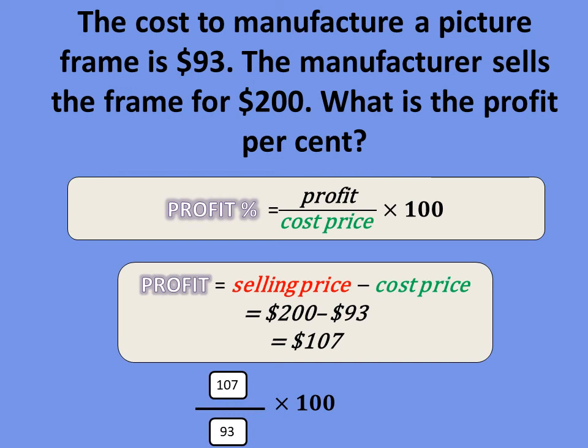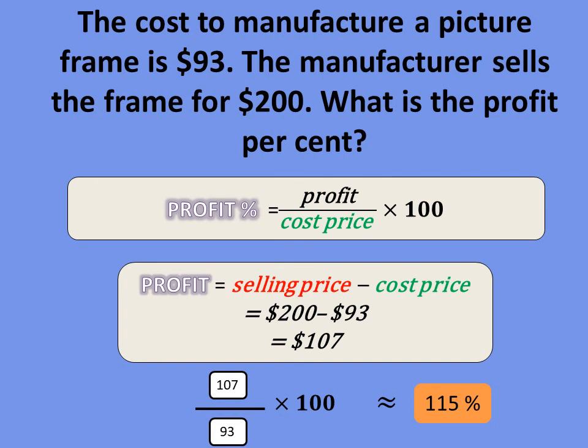Press your equal sign. That answer that you get, don't clear it off your calculator now. Just keep the answer and then press the multiplication sign and type in 100. Then you press your equal sign and you're supposed to get 115%.